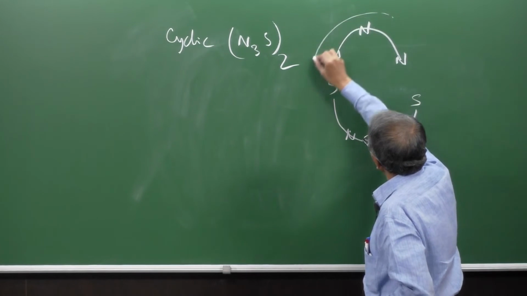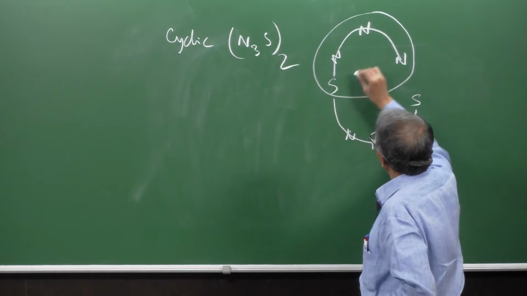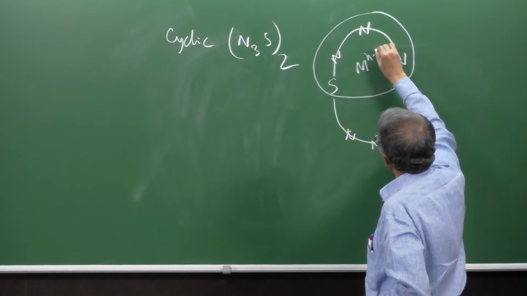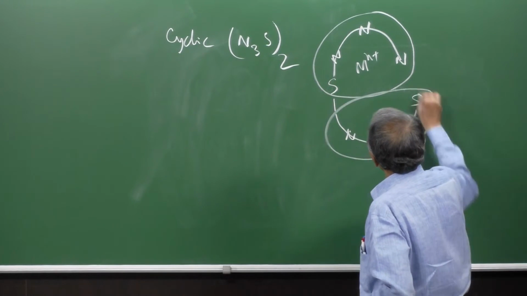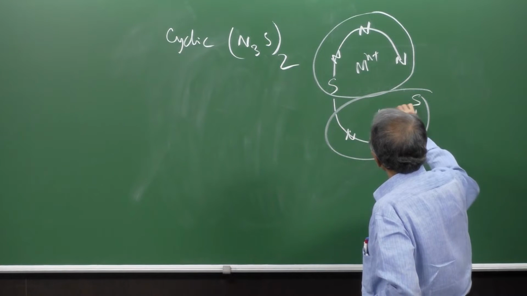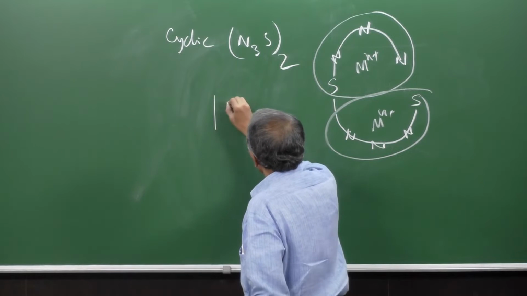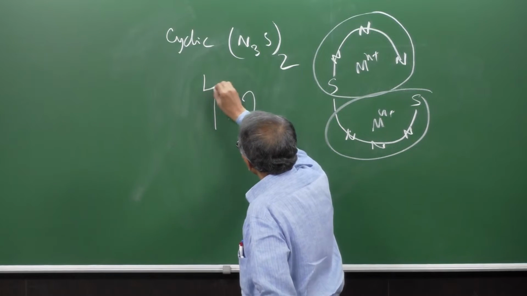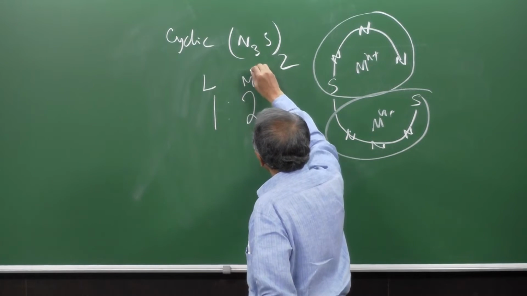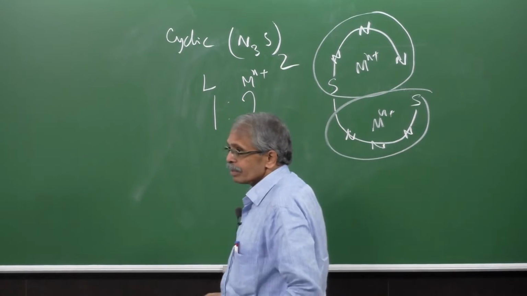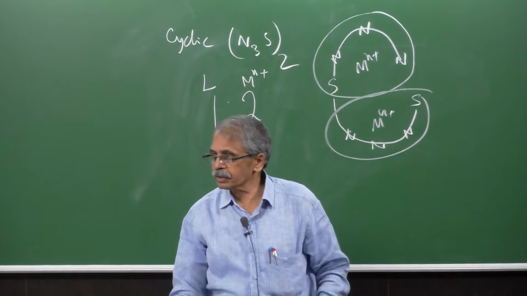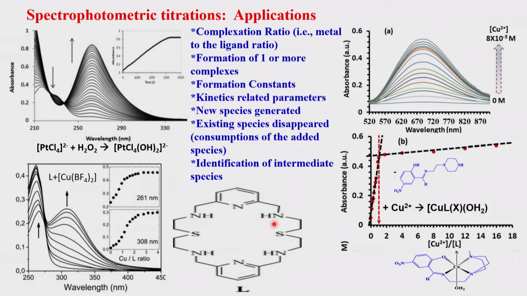So that means one can think of visualizing one complex with the metal here, and another complex forming with another metal ion. So the one ligand can bind 2 metal ions. This has got 8 coordinating sites, as you can see here, 3 nitrogens and a sulfur, another 3 nitrogens and a sulfur.